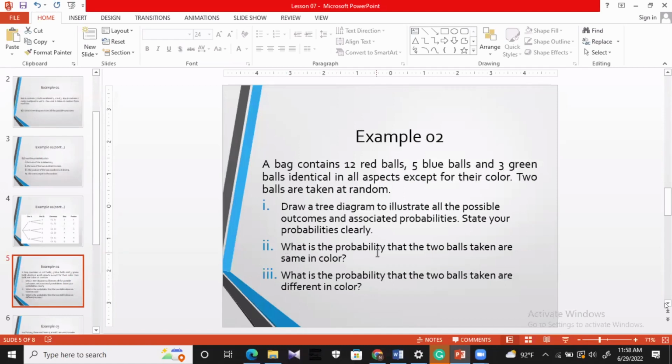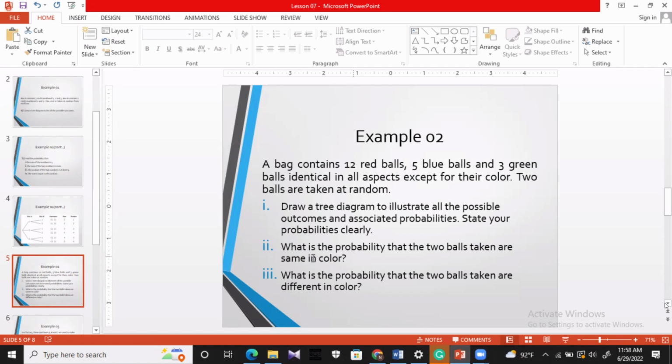Now see the second question, part 2. What is the probability that the two balls taken are the same in color? That means we have taken two balls, and we have to find the probability that those two balls are the same in color.